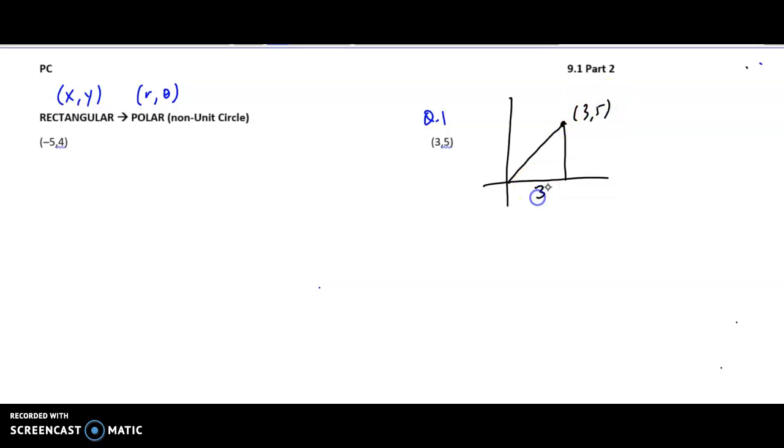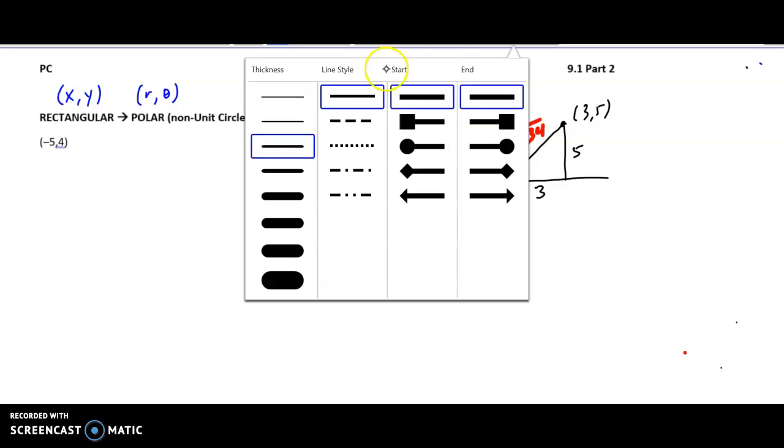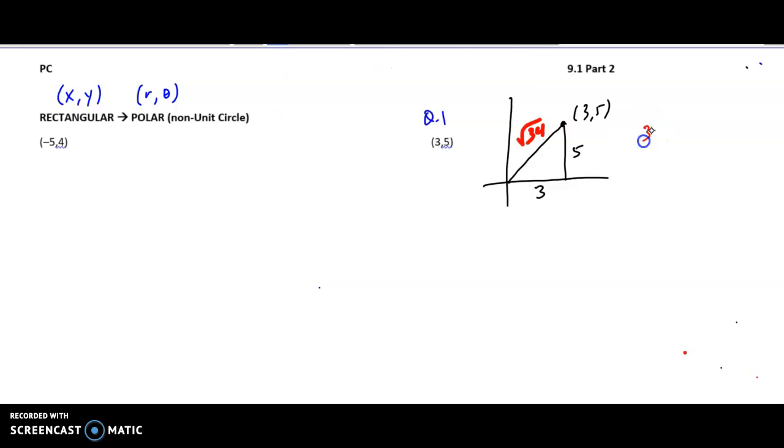That means this is 3 and that's 5. By the Pythagorean theorem, we can figure out the hypotenuse, which turns out to be the square root of 34, because 3 squared plus 5 squared equals r squared. That's square root of 34, and that's your r.